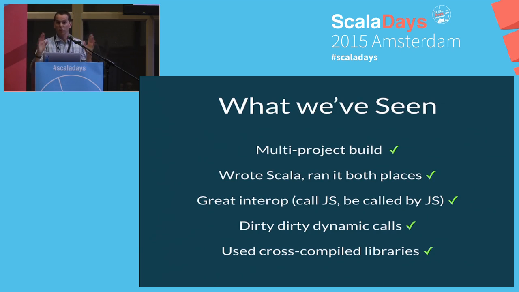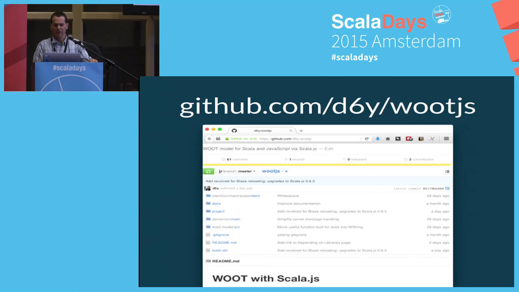So with the multi-project build, we wrote some Scala code which will compile to class files and to JavaScript, so we can run it in both places. And we've seen some really great interop between the two. We can call JavaScript, we can get called by JavaScript, we can pass functions around. And if we really need to, there's this kind of dirty world we can go to and reach out into the JavaScript global namespace. And there are these cross-compiled libraries. There's more detail to this, obviously.